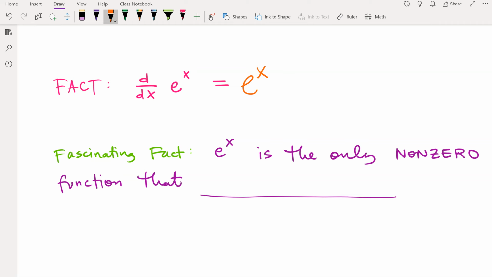E to the x is the only non-zero function that is its own derivative. It's the only function that has this situation. All right, so that should be easy to remember. You're supposed to know all of these special derivatives. Let's go into another one.